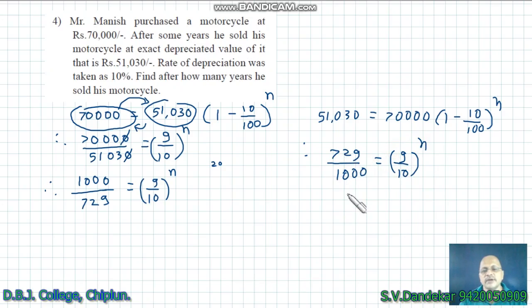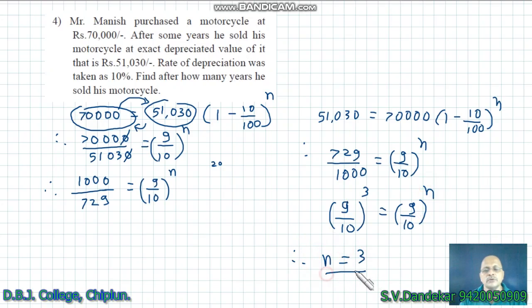We know that 729 is (9 upon 10) cube is equal to (9 upon 10) raised to n, and therefore n is equal to 3. I made a mistake here, please correct this.